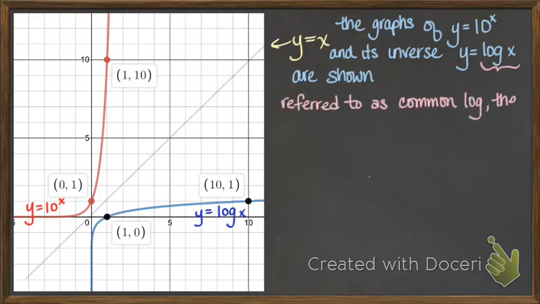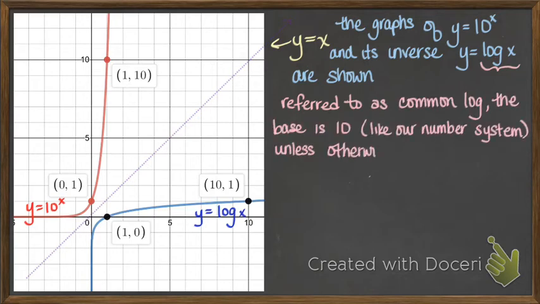Log x is referred to as common log, because it relates itself directly to our number system, which is base 10. The only time we need to write a base value in there is if it's not 10, kind of in the same way that we don't write the 2 as an index when we're taking a square root. It's just assumed to be the 2. Well, when we write log, the only thing it is, unless we write some other b, is 10.